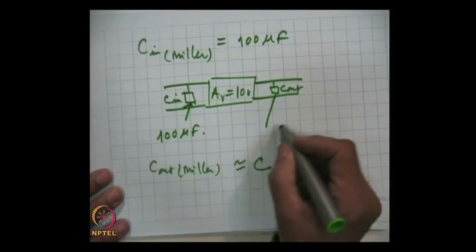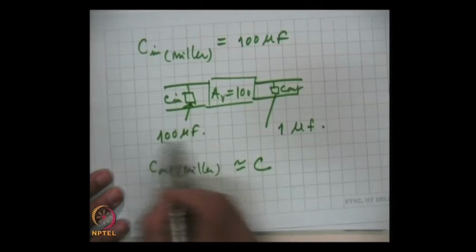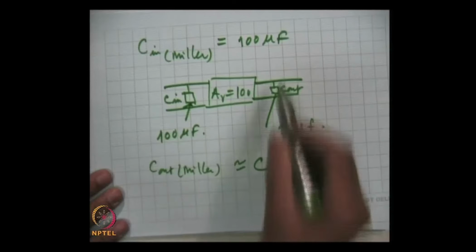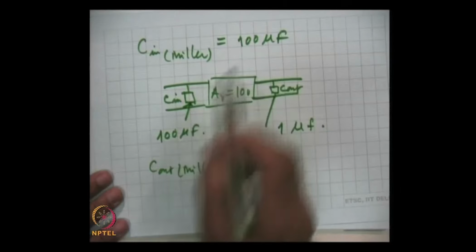So, at the output it will be 1 microfarad. This is a big effect at the input. At the output it remains the same as it appears in the circuit.